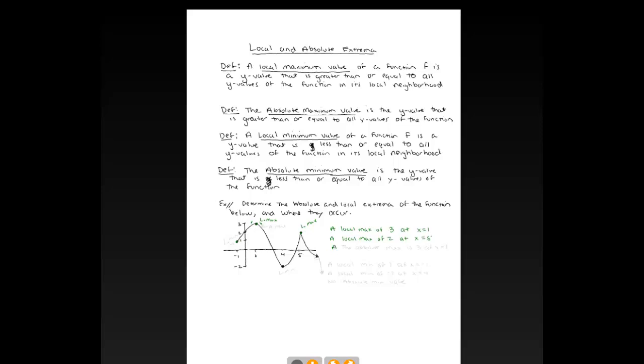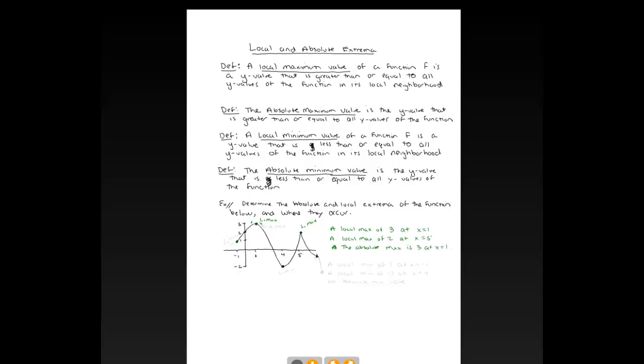So we're going to say B, the absolute max is 3, and that occurs at x equals 1.